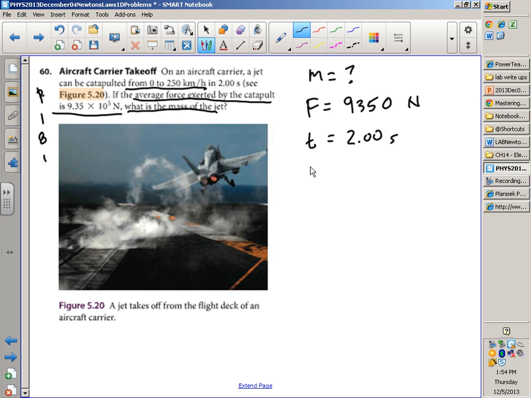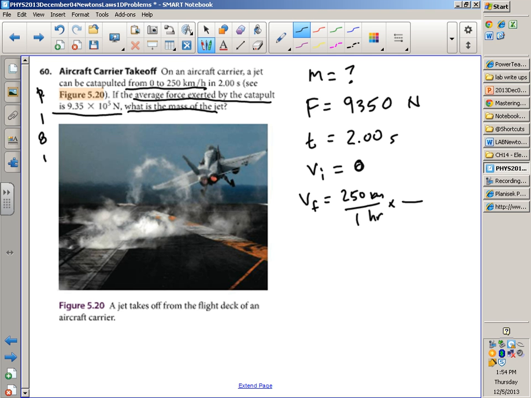So it gave us the initial velocity, that being 0, and then it told us that the final velocity is 250 kilometers for every 1 hour, right? So first, before we do anything, do we want this unit in kilometers per hour? No, right? Meters per second.